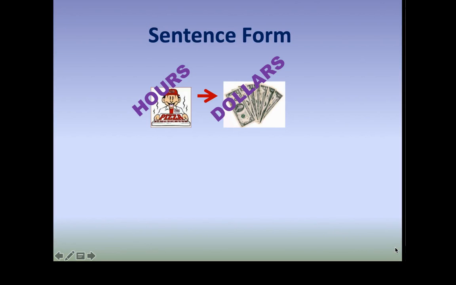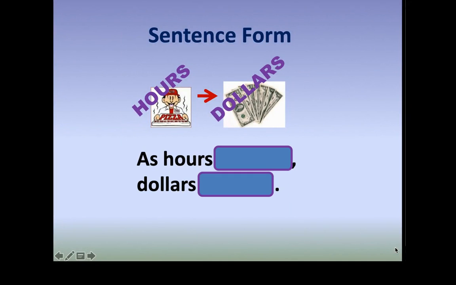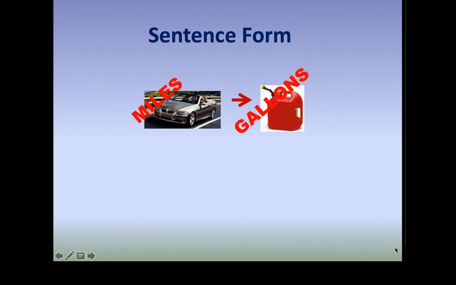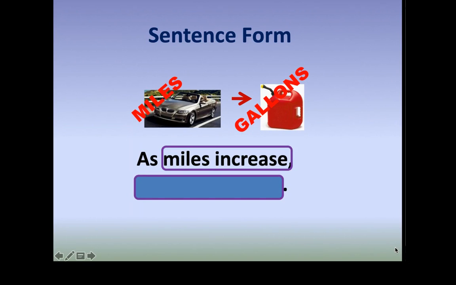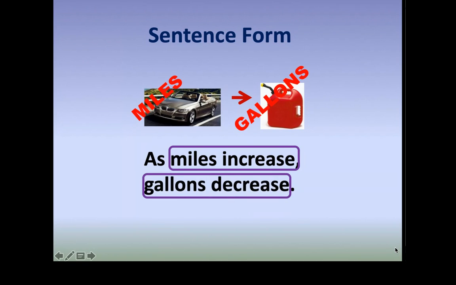Okay, so in sentence form, hours to dollars is: as hours increase, dollars increase. As miles increase, gallons decrease.